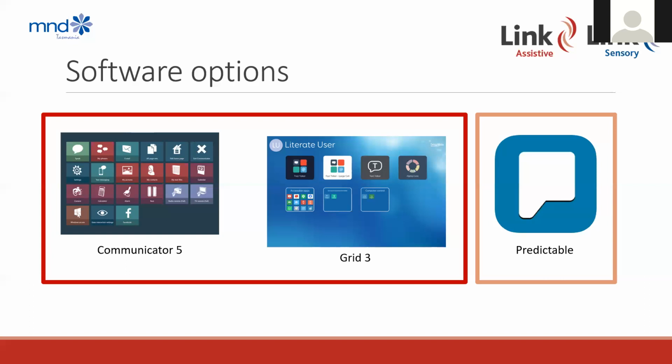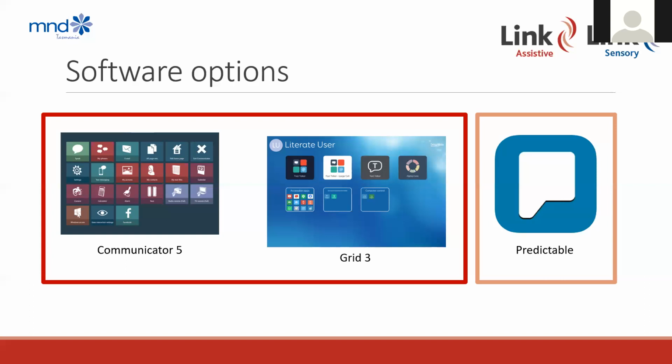If you're looking at the Surface Pro tablet option, then you will need to decide whether you'd like to use the Communicator 5 or the Grid 3 software on that Surface Pro tablet. So there is a choice to make there.